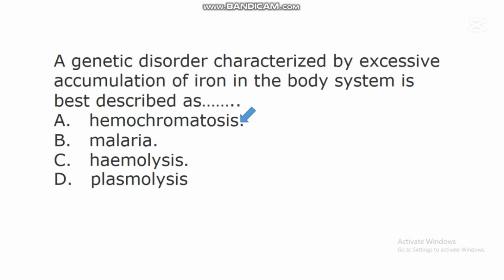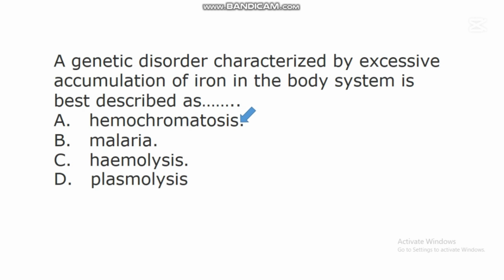Hemochromatosis is a genetic disorder characterized by excessive accumulation of iron in the body of an individual. So this hemochromatosis is also regarded as iron overload, because once an individual has this, the level of iron in the system of that person will be so high that the excessive iron can cause many health challenges in that individual.